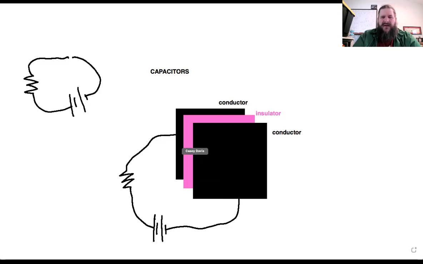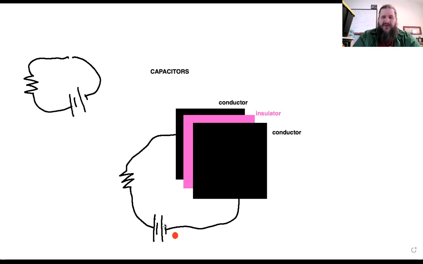But in this case, the fact that these metal plates are large means that they can store a lot of extra charge. So let's say you imagine charges moving around on this circuit. Positive charge isn't really moving. Let's say you have a bit of negative charge, an electron, a little blob of negative charge.